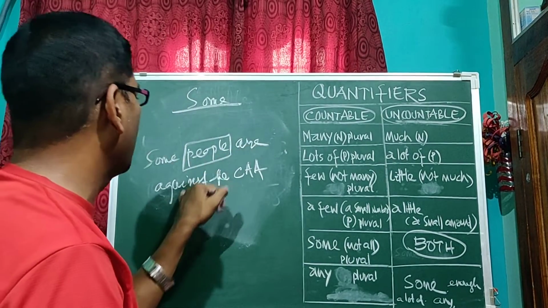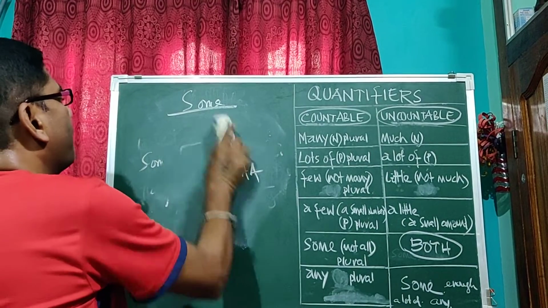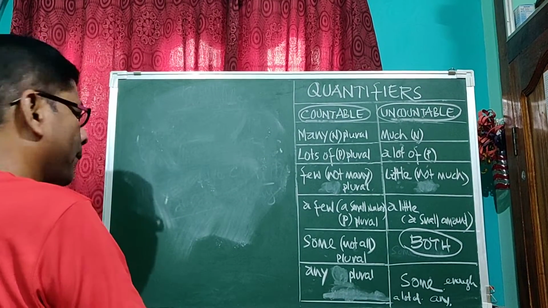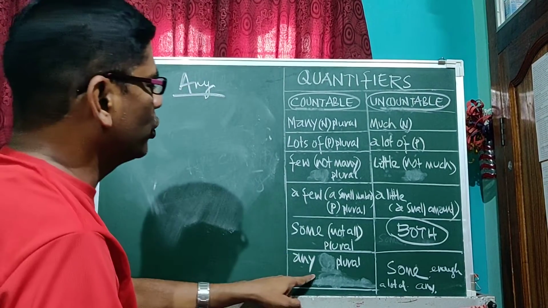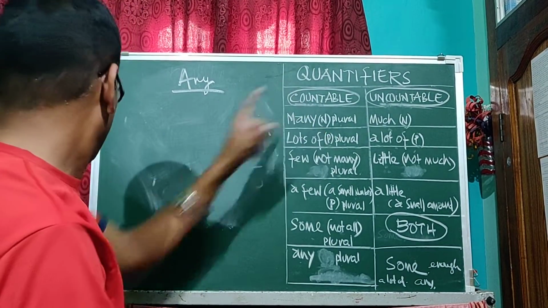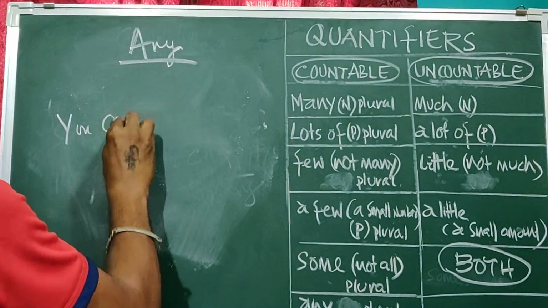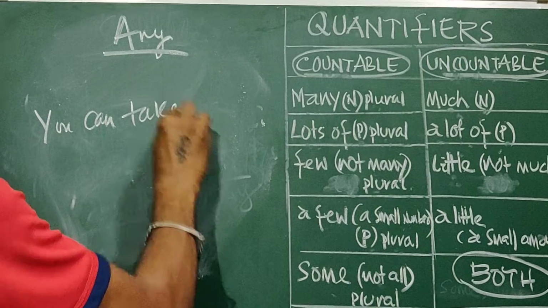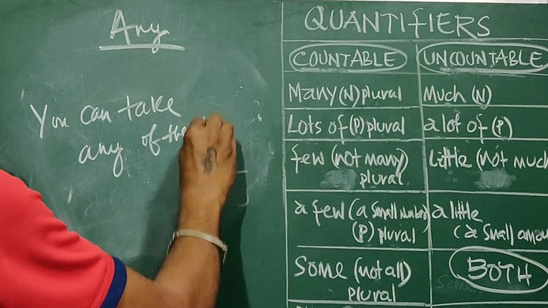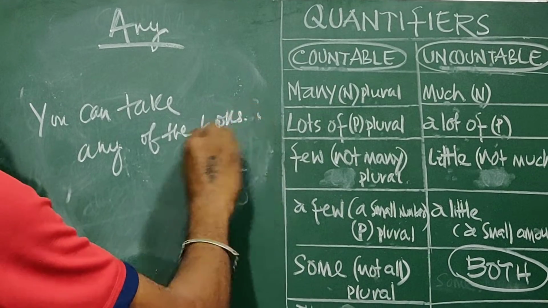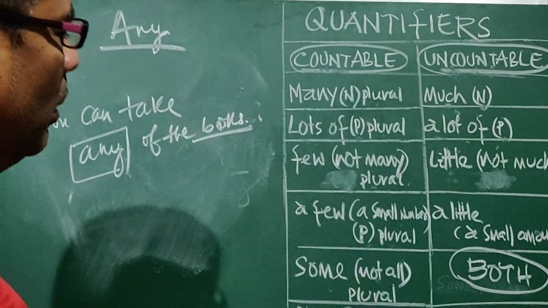Some people are against the CAA. Any can be used for plural countable. For example, you can take any of the books, plural countable. Countable plural, any.